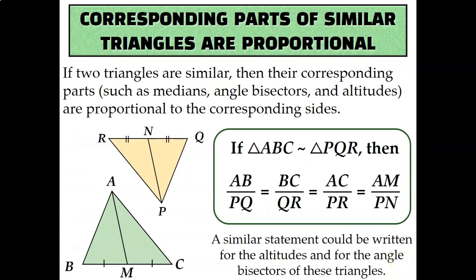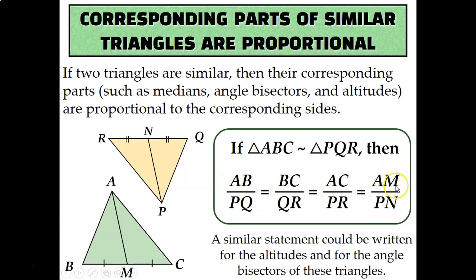We're going to use the fact that corresponding parts of similar triangles are proportional to solve for the lengths of medians, angle bisectors, and altitudes. Basically all we're doing is adding an extra ratio onto the statement of proportionality that we already know how to write. We learned earlier this unit that if you have two similar triangles, like how ABC is similar to PQR, then you can compare each of their pairs of corresponding sides and write it as a ratio.